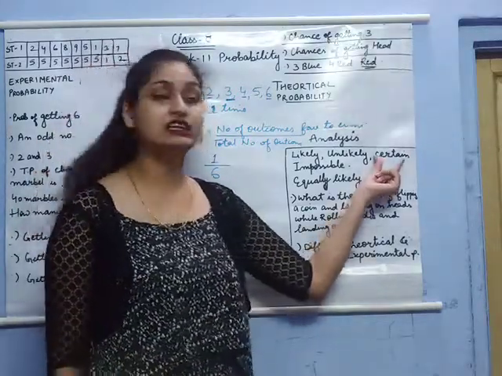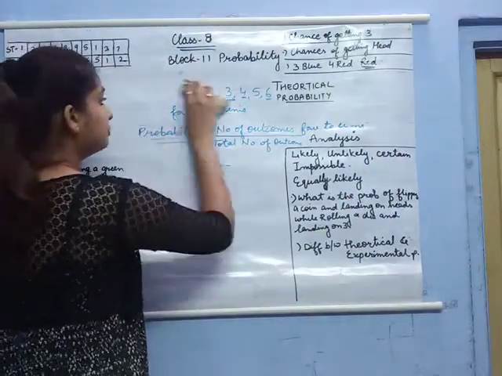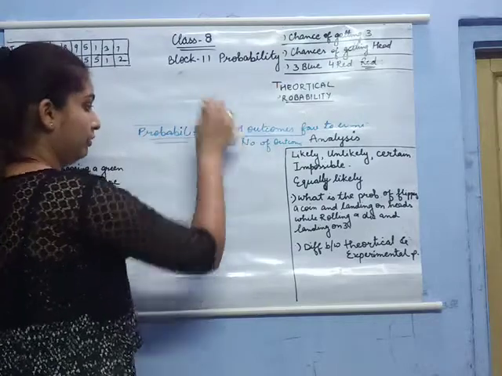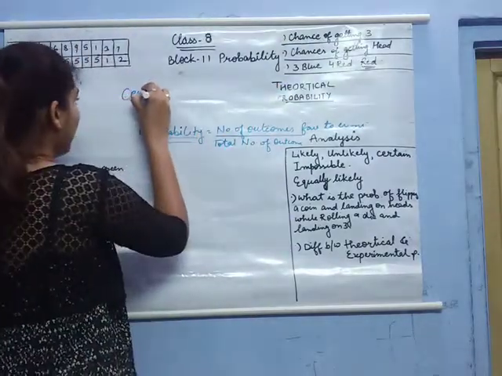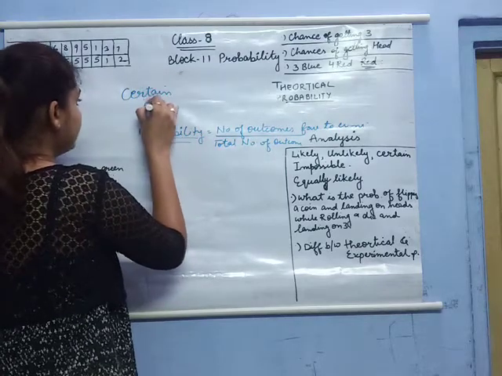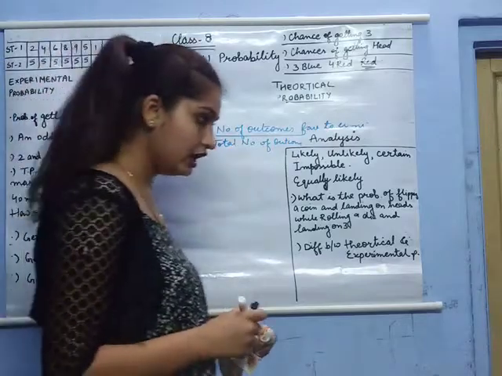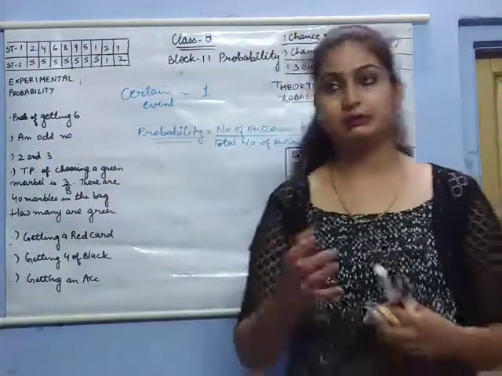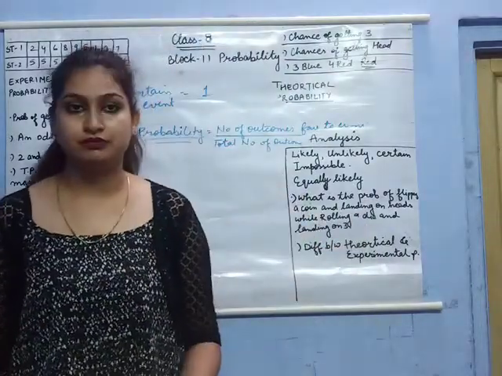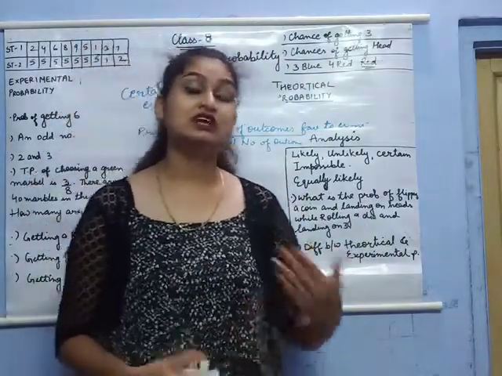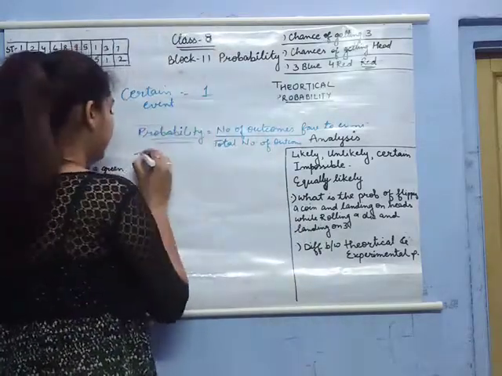So this is a certain event. Certain events are the events which are surely going to happen, and they have probability 1. If I ask you the same example, what are the chances the sun rises from the west? Is there any chance the sun rises from the west? No. So it is an impossible event.